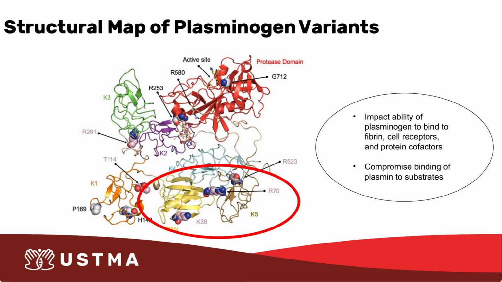In 2 of our patients, the 2 that I described clinically, had mutations in this area that is known to bind the protein it's going to cleave, so fibrinogen or cross-linked fibrin. The red circled area is what binds it. So it's able to cut properly, it just can't bind it, leaving you with what we think is a functional deficiency. So you might have a normal amount of plasminogen, it's just not functioning normally and may lead to the same clinical picture.